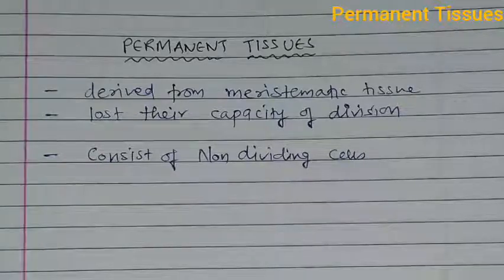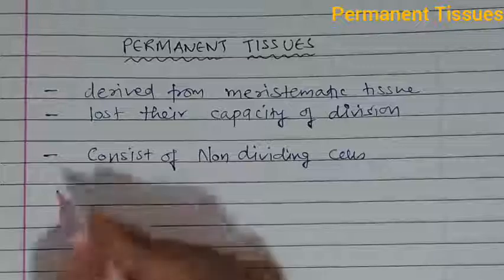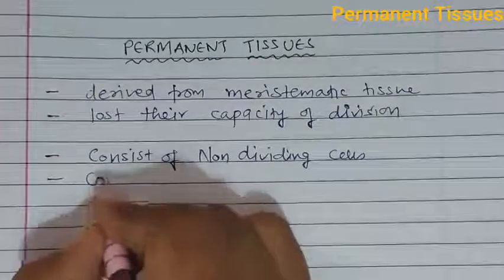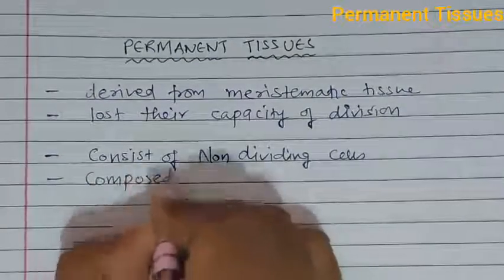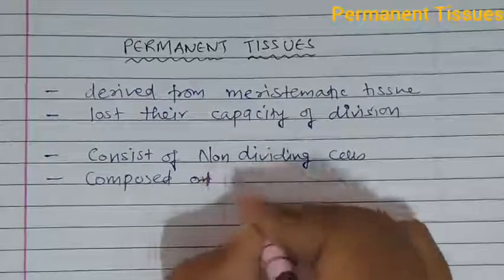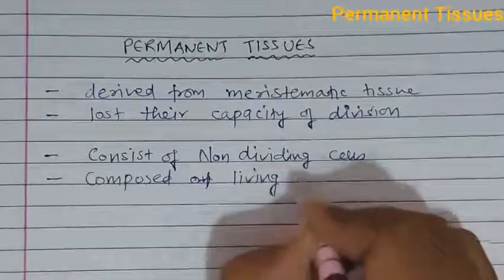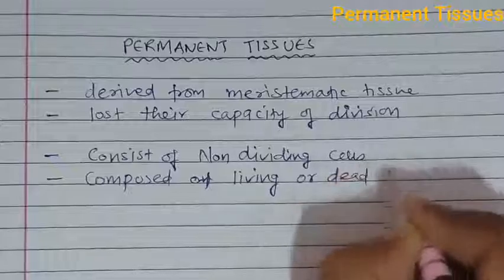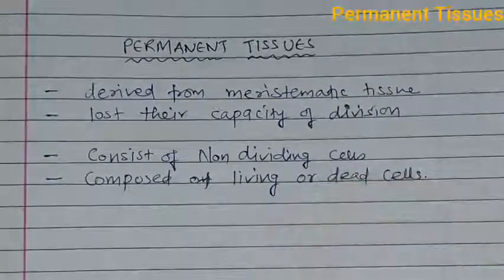Now these non-dividing cells can be living or dead cells. So permanent tissue is composed of living or dead cells.